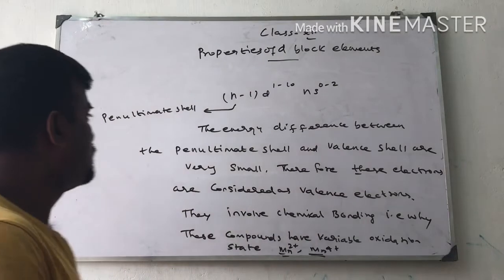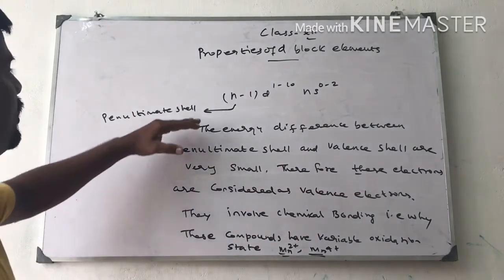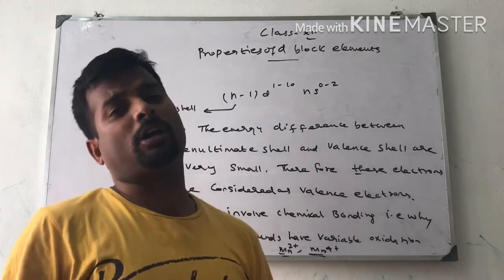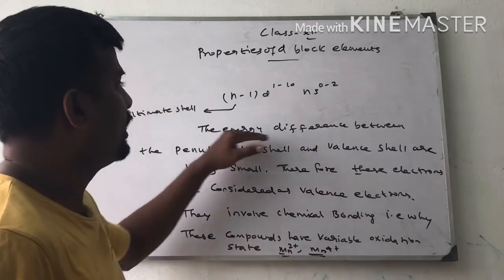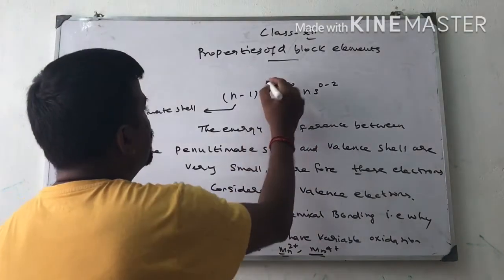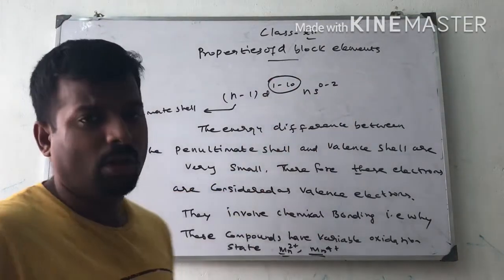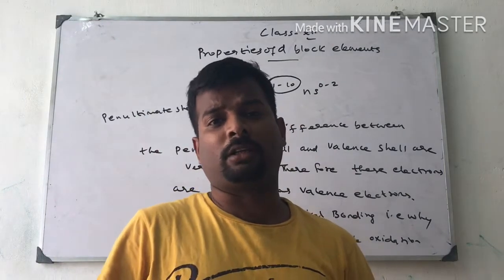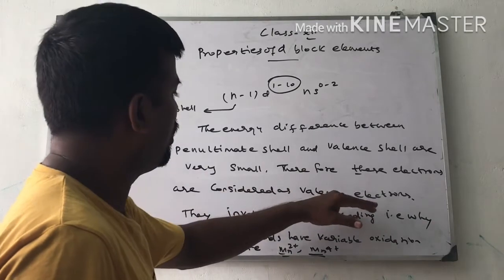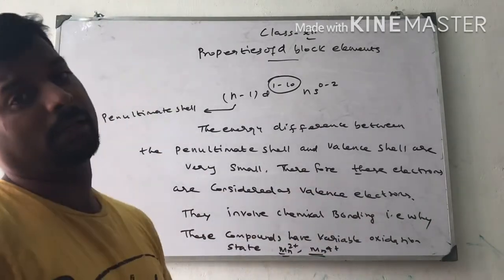This is the definition of why D block elements have variable oxidation states. The reason is the energy difference between the penultimate shell and the valence shell is very small, so these 10 electrons also contribute to chemical bonding. Therefore these are considered valence electrons for D block elements only.